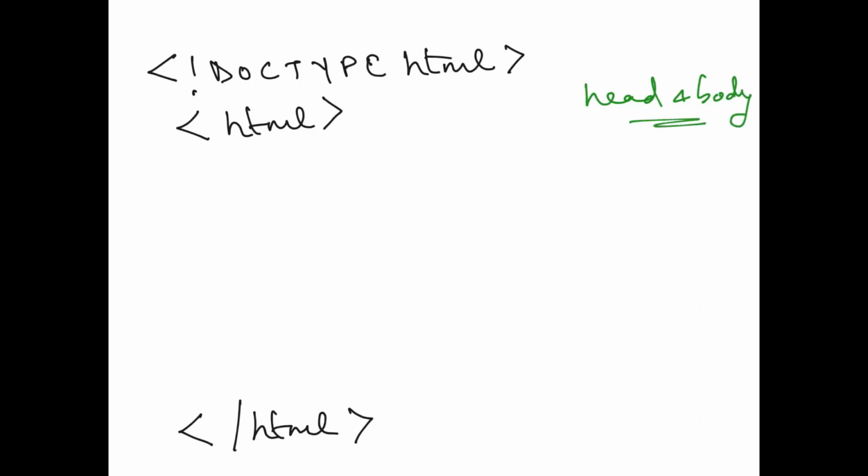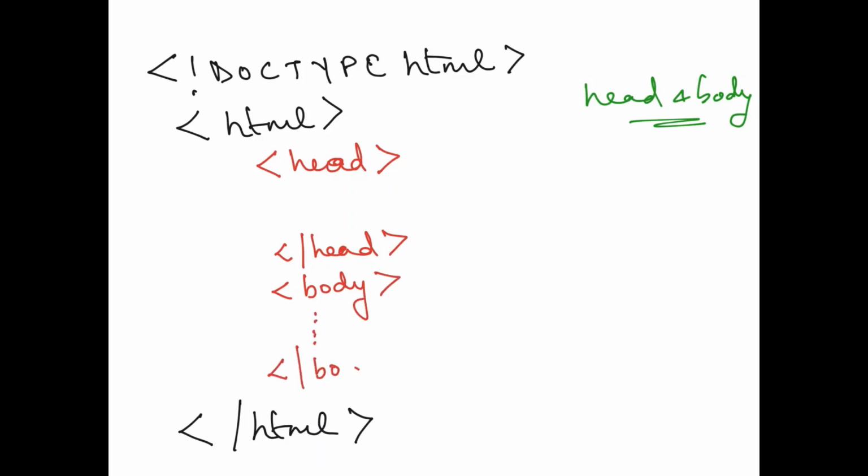Now how do you write them? Same way you have to write. We will write head as the opening tag, and same way, a little below, we will write the closing head tag. So whatever will come inside this. Same way we will go for body, the opening tag, and we'll write something here and close it with the body closing tag.